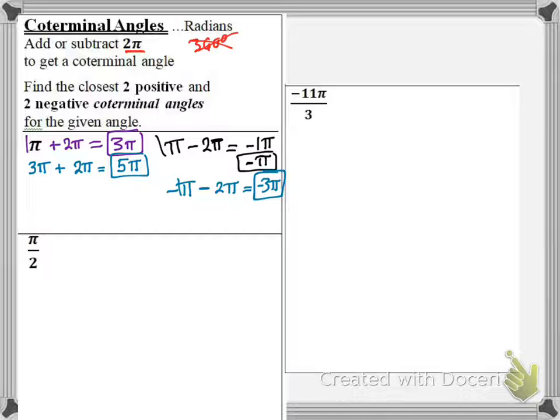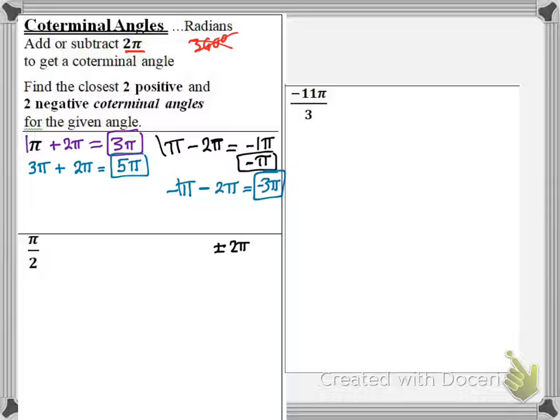Pretty easy when you just have 2 pi or 3 pi or 56 pi or negative 2 pi. It gets a little more complicated with fractions. And again, if you want to use your calculator to deal with fractions, you can do that. But most calculators need you to leave out the pi while you're doing that. So I'm going to have to do add and subtract 2 pi.